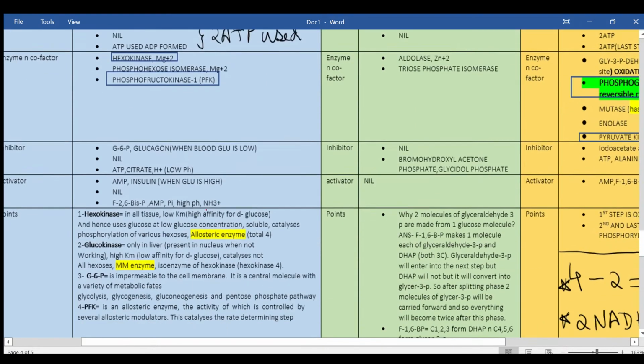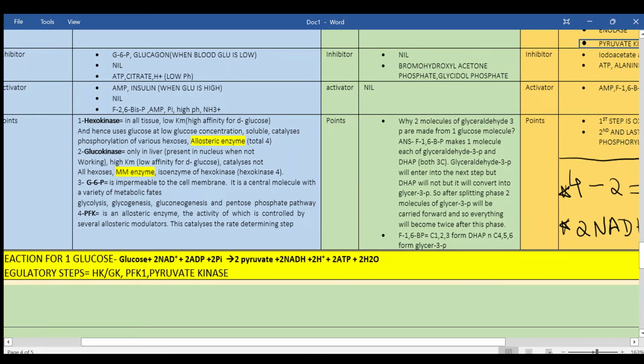Glucose 6-phosphate is impermeable to the cell membrane. It is the central molecule with a variety of metabolic fates: glycolysis, gluconeogenesis, glycogenesis, and the pentose phosphate pathway. It means glucose 6-phosphate is used as an intermediate in all these metabolic steps.